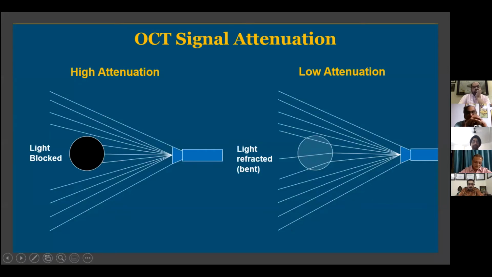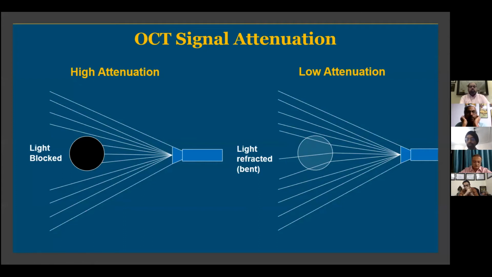This is exactly what Nishit was pointing out about high attenuation and low attenuation. With high attenuation, when the light is blocked, you won't see anything beyond it. That's what lipid does. Calcium refracts this light. It behaves like a crystal ball, where the light gets reflected, refracted, and bent.